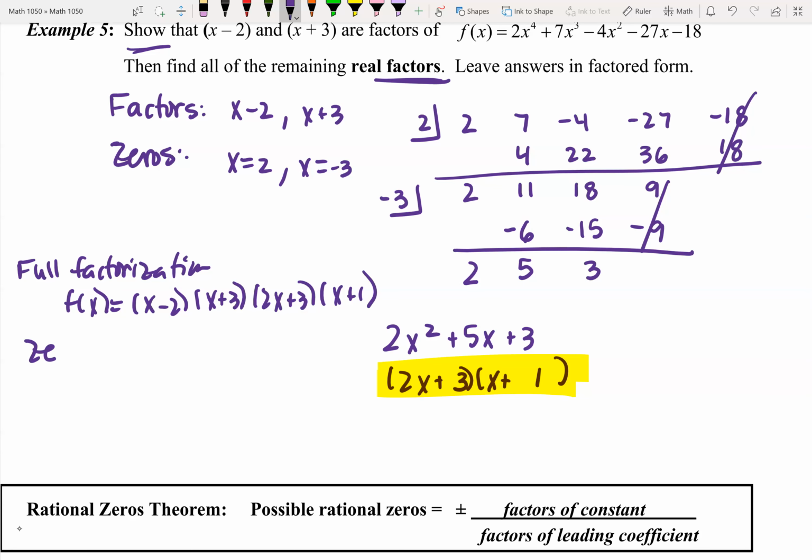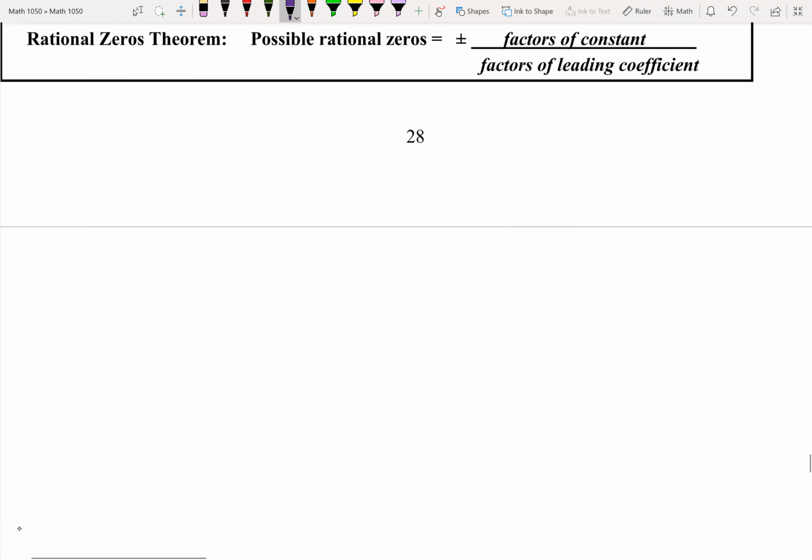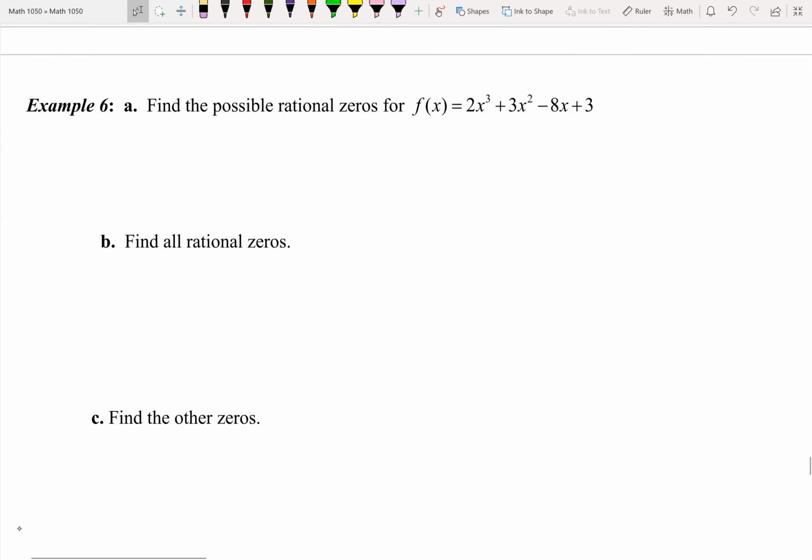If they asked you for all of the zeros, you would have x equals 2, negative 3, negative 3 over 2, and negative 1. So there's lots of different things they could ask you. Remaining factors, full factorization, or all the solutions.